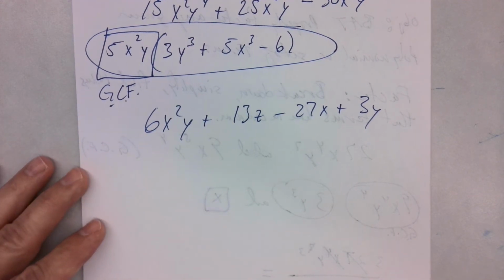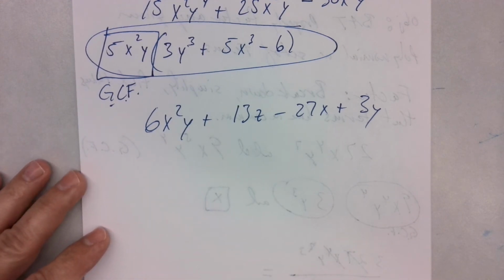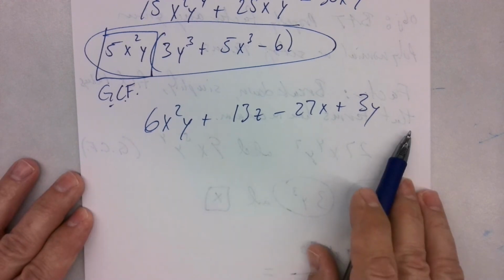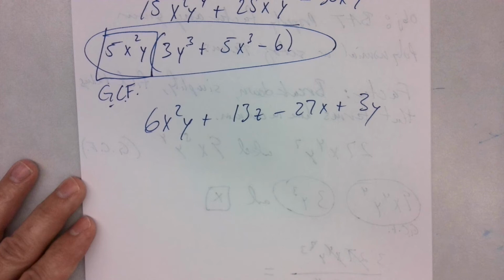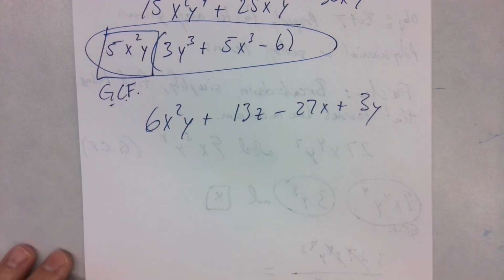That is not today. I don't even think I could group this and factor it. As this is written, it would be the exact same thing in a circle. It would just be unfactorable.